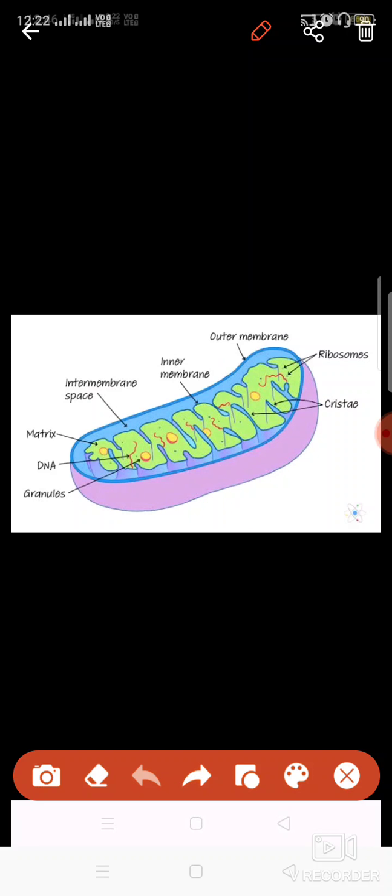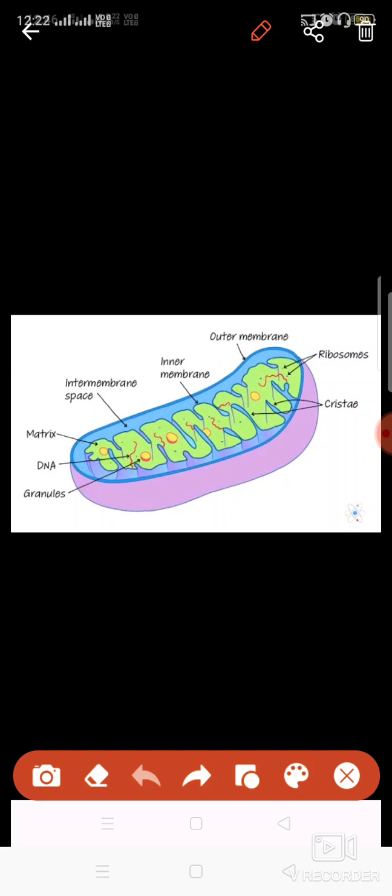And ribosomes are scattered in the matrix, and the function of ribosome is same as in other cases, it synthesizes the protein. Okay, and these are granules. These can be the protein granules, these can be the lipid granules. These are the granules, means round shaped structures.